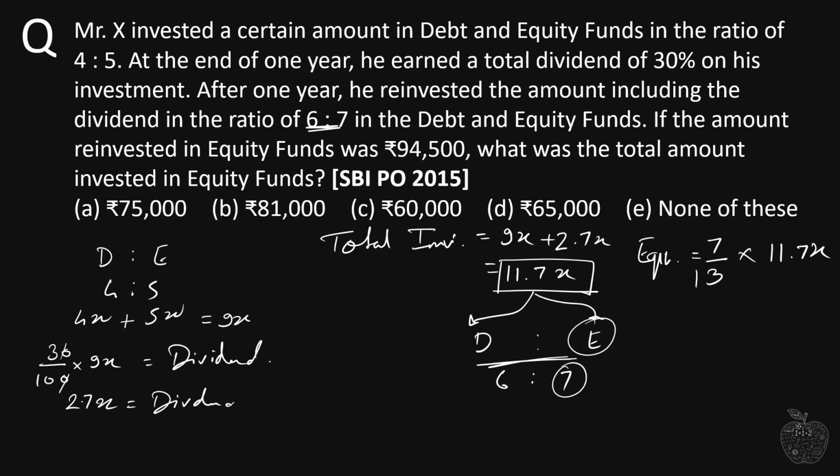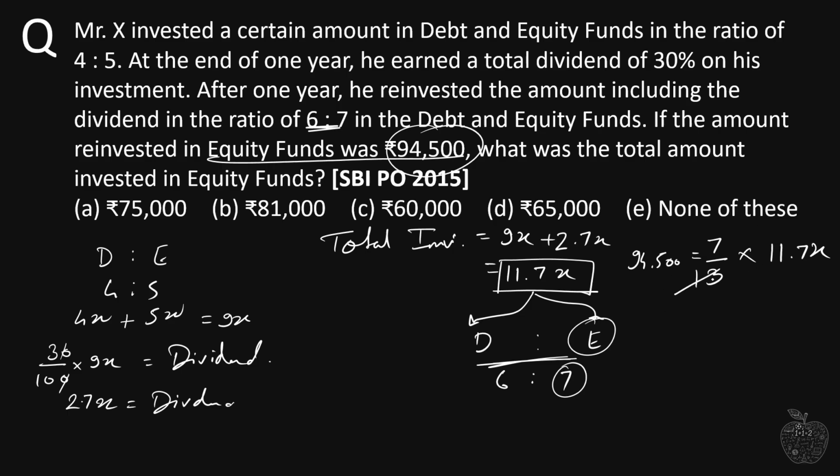We are given that his reinvestment in equity fund was 94,500. Now we have got the equation. From this equation we can find out the value of x.